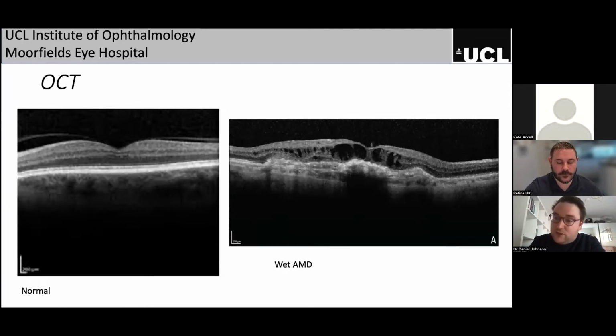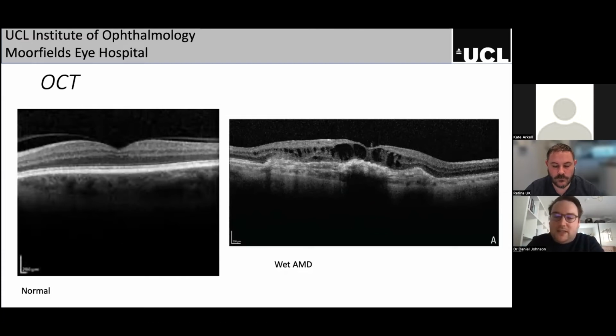Similarly, it's also revolutionized the treatment of wet macular degeneration. So again, we've got the normal scan on the left. On the right, you can see this is very different. Firstly, you've got these black spaces again. So that's fluid there, that's swelling, that's edema.